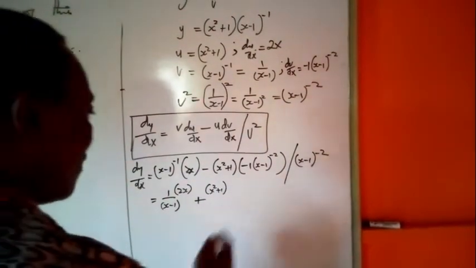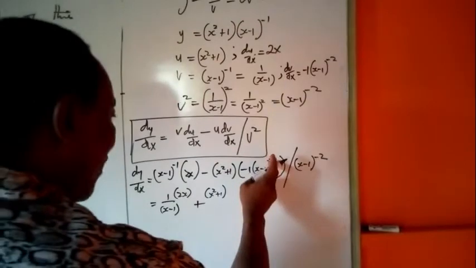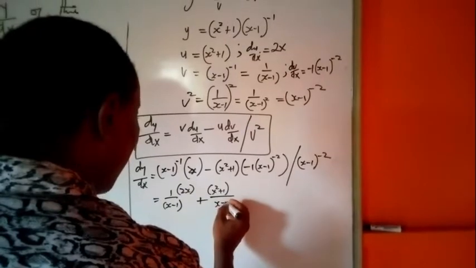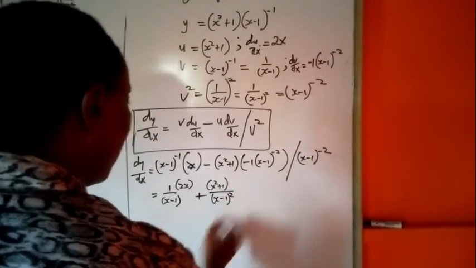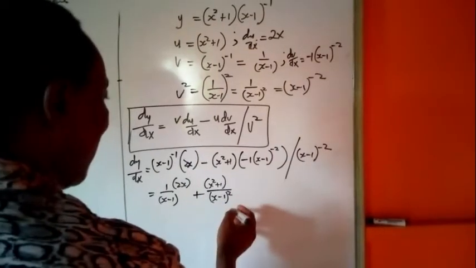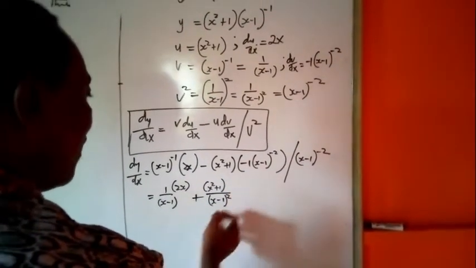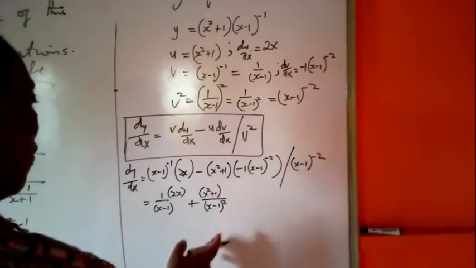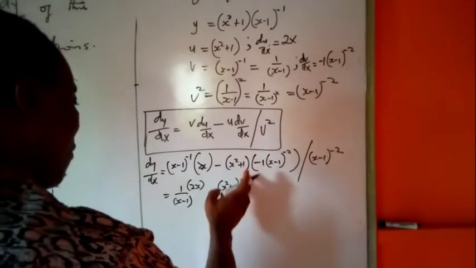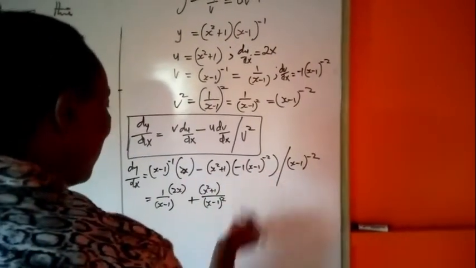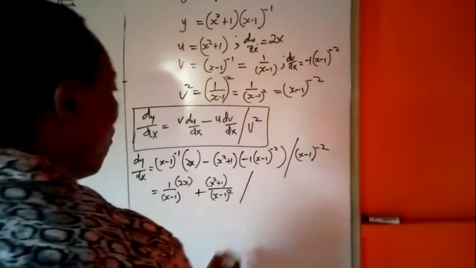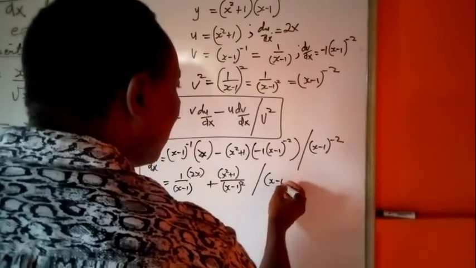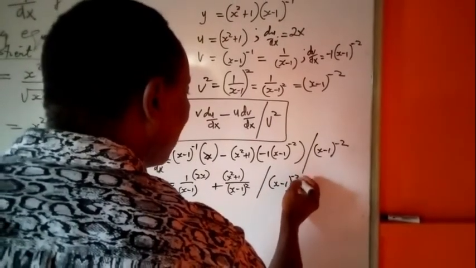I've already taken care of this one. This one is your reciprocal. It goes down, so it becomes x minus 1 raised to power 2. You now know that this one is already 1 all over, so you put 1 over x minus 1 raised to power minus 2.